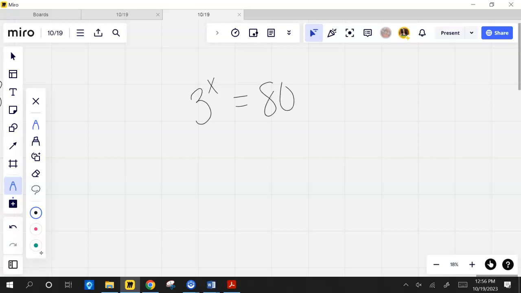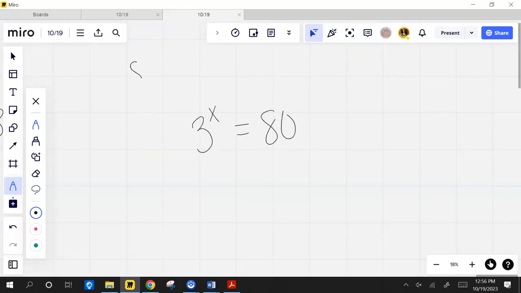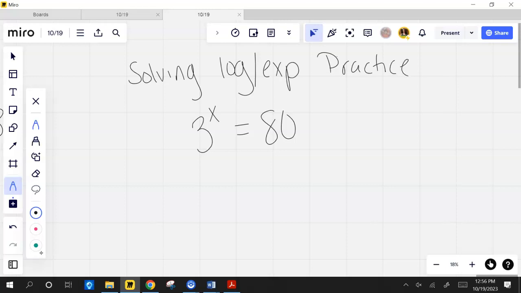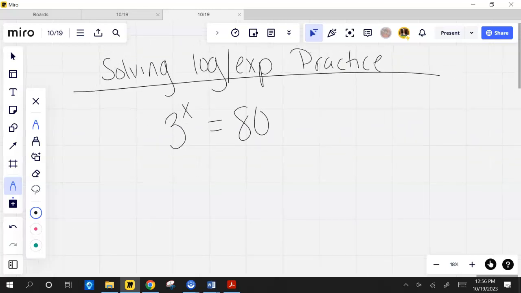How am I going to solve it? All right, so with exponential pieces, I still want to isolate this, and let's make it even more interesting.